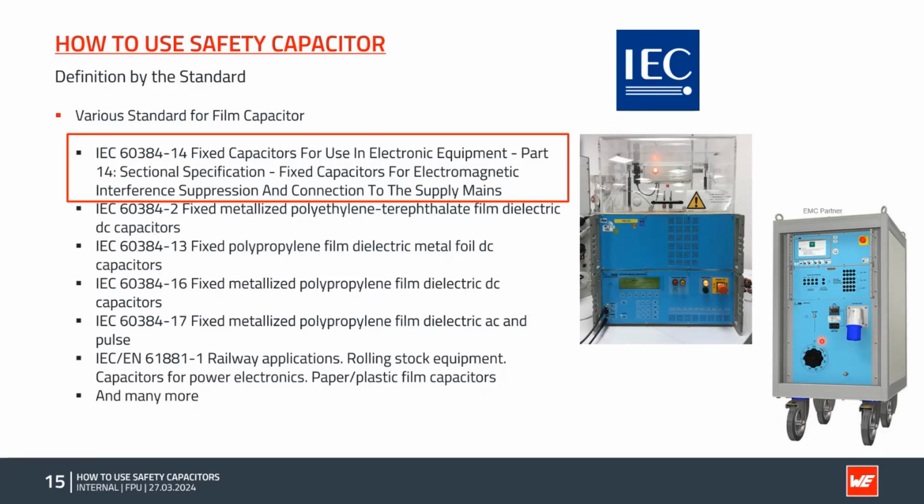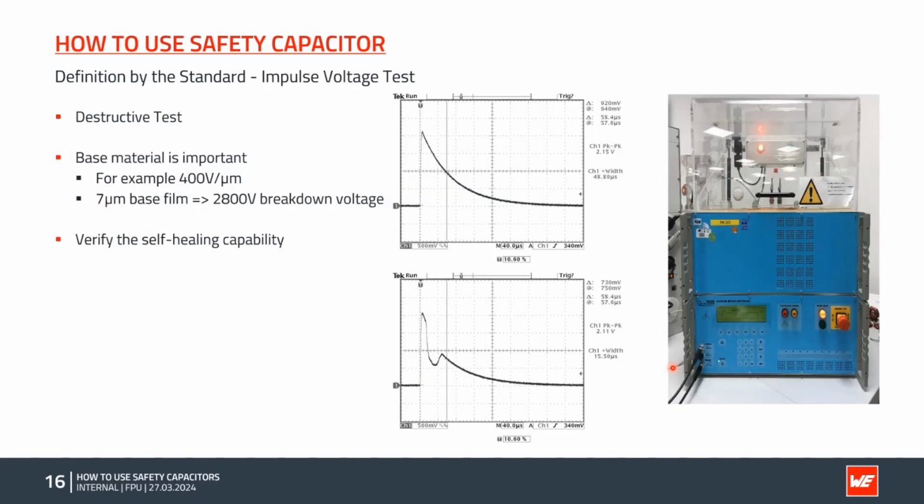The equipment you see on the right side, I will now go through it. These are the equipment we need for the reliability testing of the product. One thing is we have to do the impulse voltage test. As you know, for example, X2 capacitors have to withstand 2.5 kilovolt impulses. The Y2 capacitors have to pass 5 kilovolt impulses.